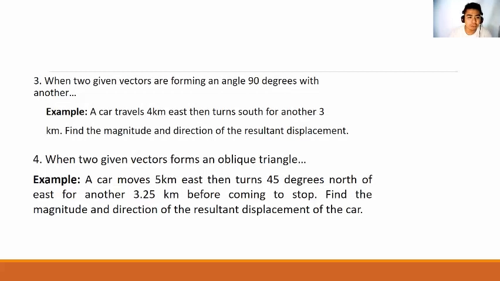Number 4, when two given vectors form an oblique triangle. So example, a car moves 5 kilometers east, then turns 45 degrees north of east for another 3.25 kilometers before coming to stop. Find the magnitude and direction of the resultant displacement of the car.